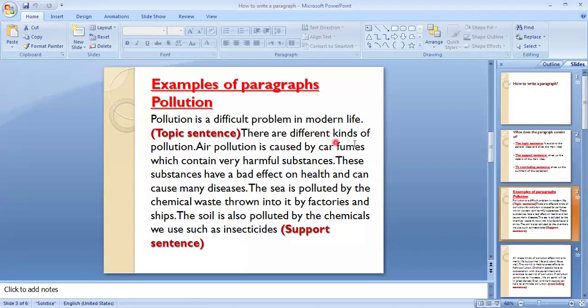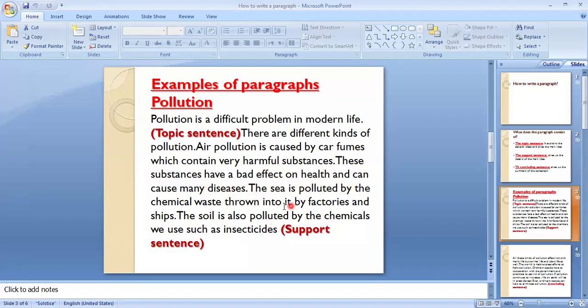There are different kinds of pollution. Air pollution is caused by car fumes, which contain very harmful substances. These substances have a bad effect on health. So here, these are the causes of pollution and its effect on health. Car fumes that have harmful substances cause a bad effect on health and can cause many diseases.